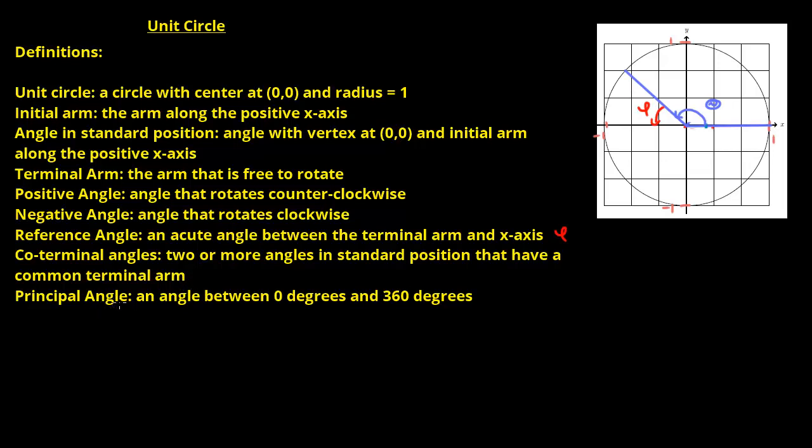Next, we have something called a principal angle, which is just an angle that's between 0 and 360 degrees. Let's suppose you had two coterminal angles, 10 degrees and 370 degrees. Let me draw this out on the unit circle.